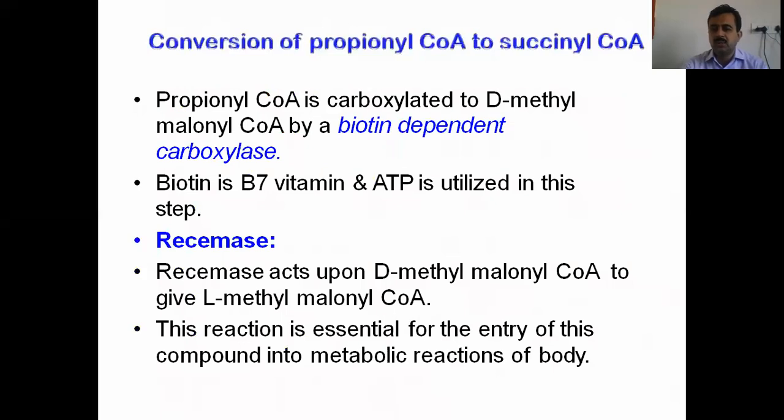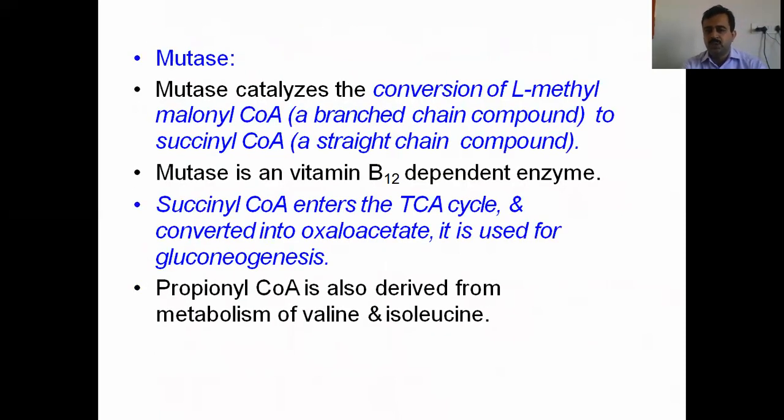Propionyl coenzyme A is carboxylated to D-methylmalonyl coenzyme A by a biotin-dependent carboxylase. Biotin is vitamin B7, and ATP is utilized in this step. Racemase acts on D-methylmalonyl coenzyme A to give L-methylmalonyl coenzyme A. This reaction is essential for entry of this compound into the metabolic reactions of the body. Mutase acts on that, and is a vitamin B12 dependent enzyme.